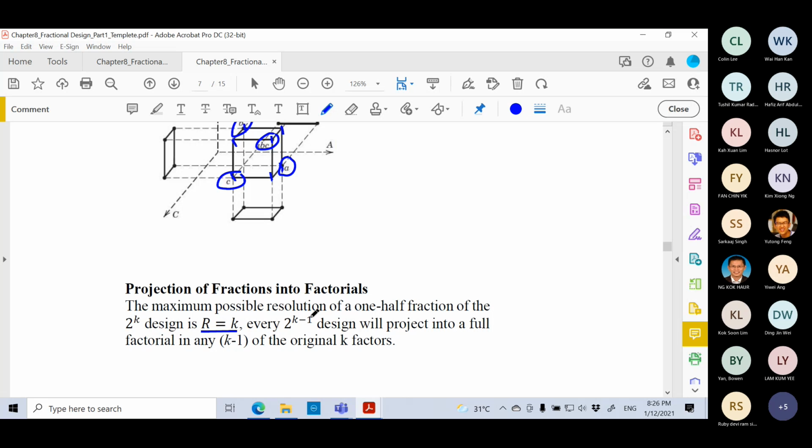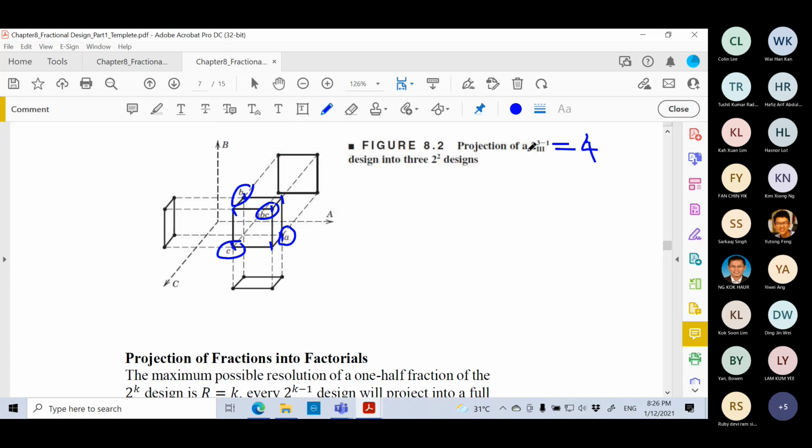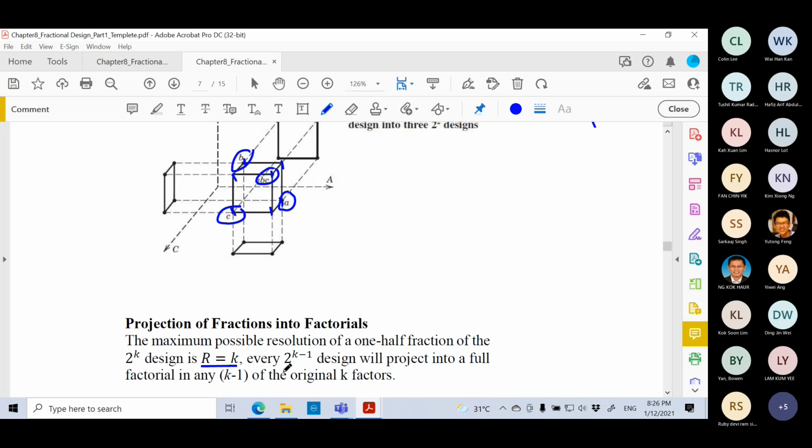Every 2 power of k minus 1 design will project into the full factorial in any k minus 1 of the original k factors. So the maximum possible resolution you have is equal to k.